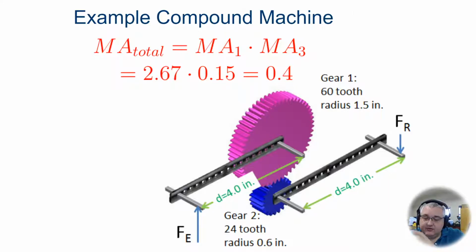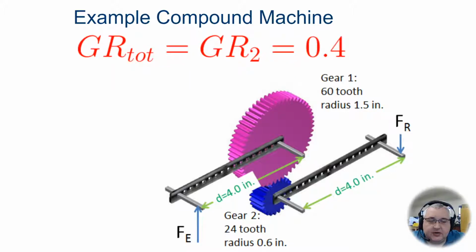So 2.67 times 0.15 equals 0.4 mechanical advantage. And then our gear ratio is just the gear ratio of the other. It also does not have to be the same. It could be something different, but in this case, it does come out to be the same. Gear ratio is also 0.4. That's probably by design.